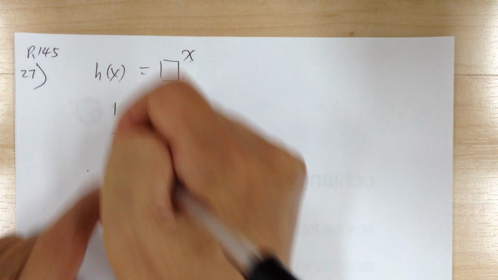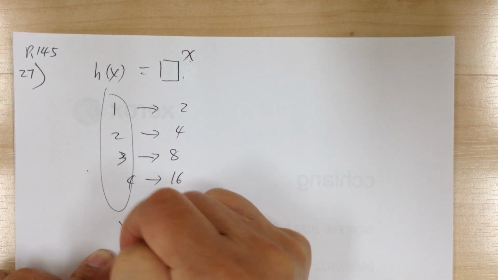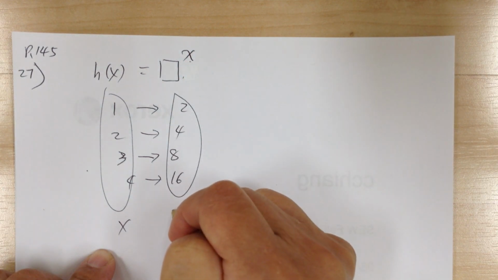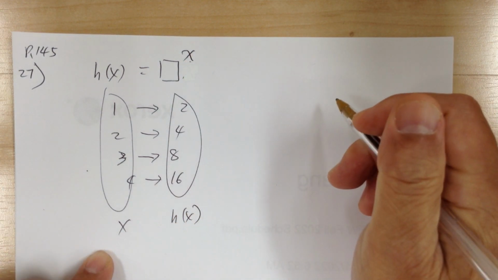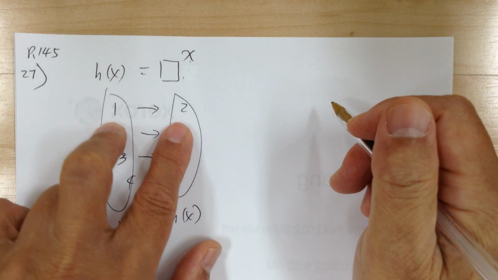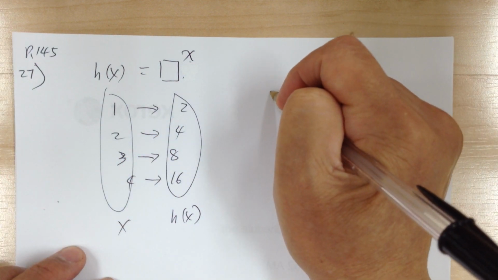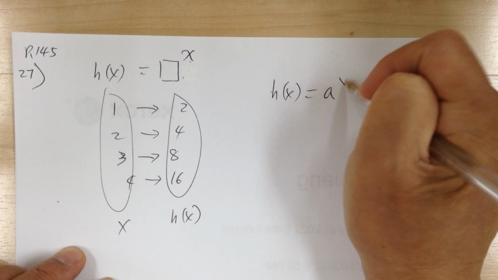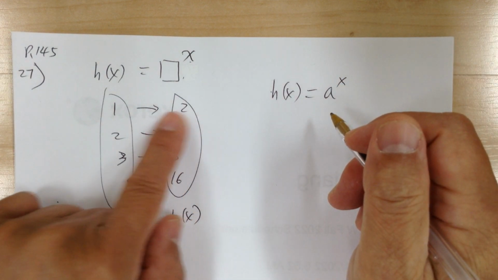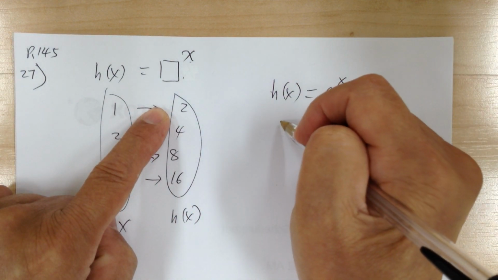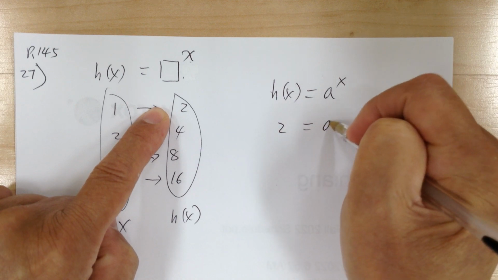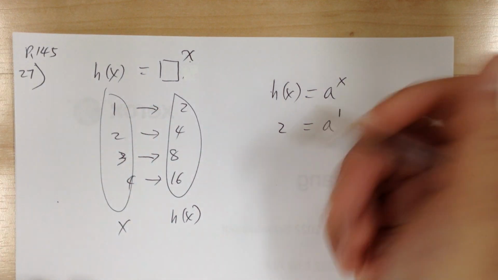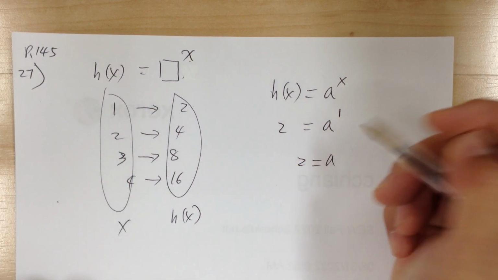So remember, this is your x, and it's your h of x. If you use the first set of numbers in here, I'm going to put a to the x. So if you use the first set again, you're going to get 2 equal to a to the 1. So from here you can see that a is equal to 2.